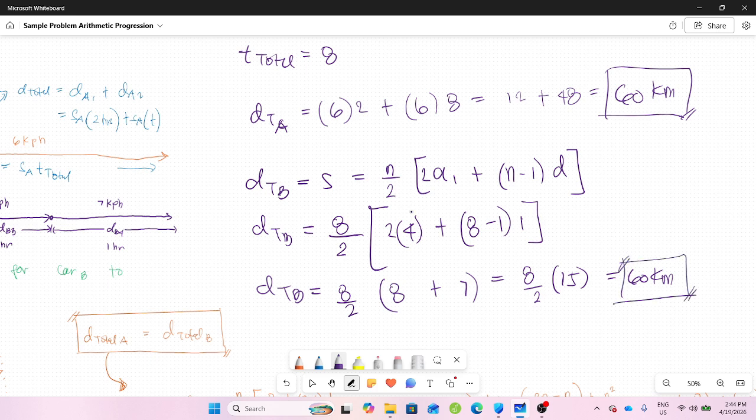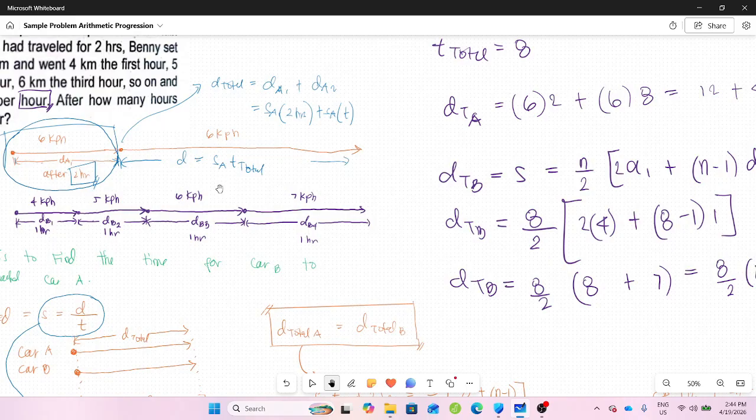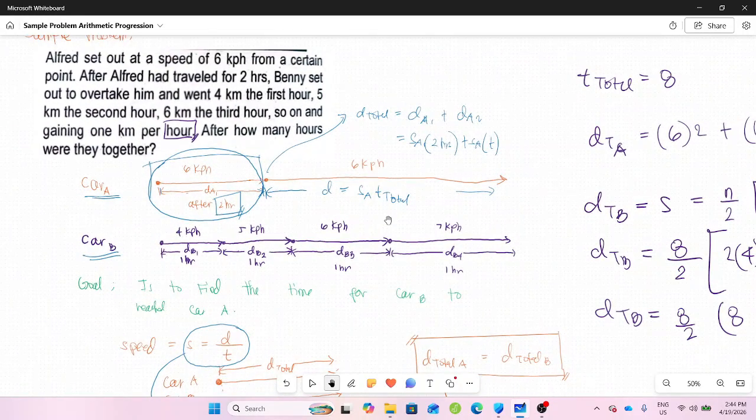So from car B's perspective, it could reach car A after 8 hours.